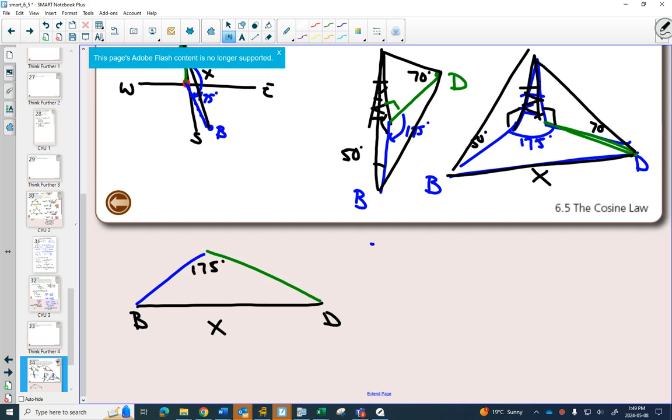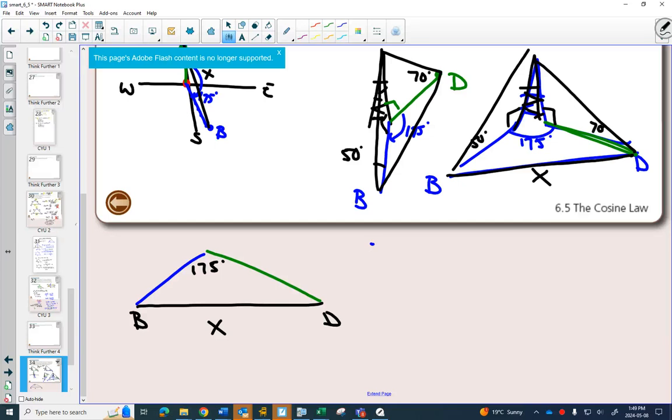The problem with the triangle that we want to solve x on is we don't have 3 pieces of information. You need 3 pieces of information, including at least one side, in order to be able to solve this. And we have just an angle. So currently, looking at this, we can't solve it.